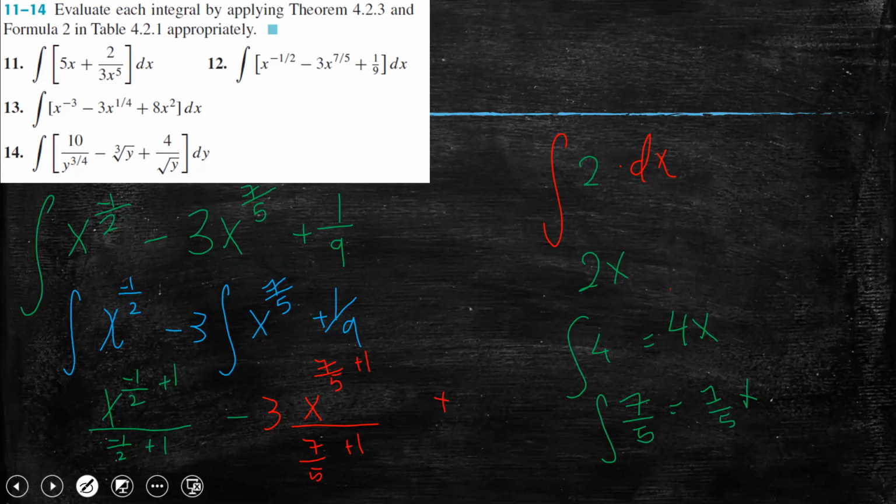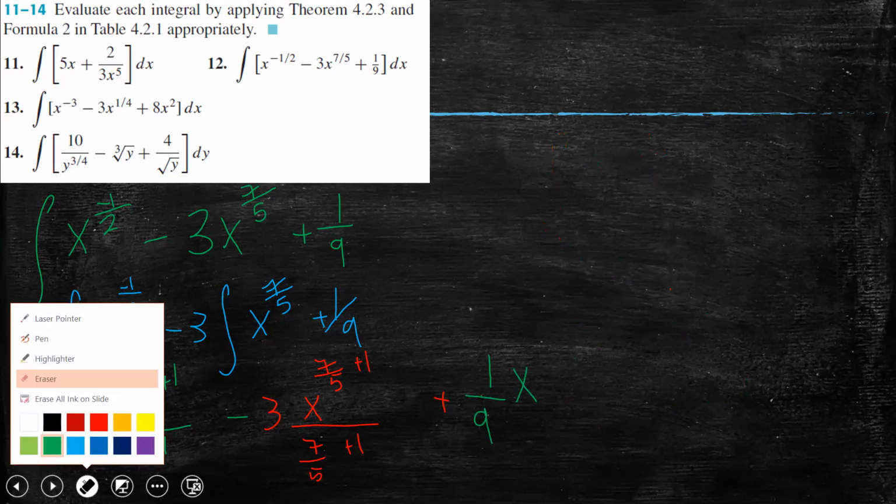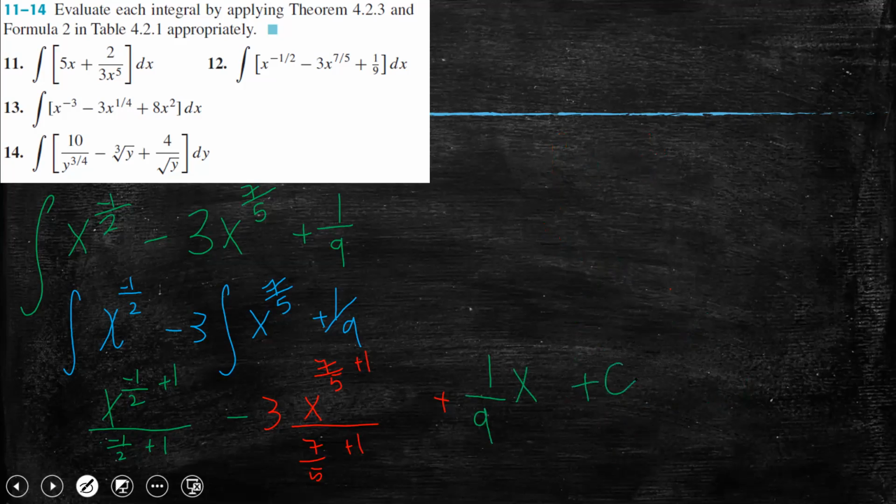So here now it comes like 1 over 9x plus c. Then now here we have x to the power negative half plus 1.